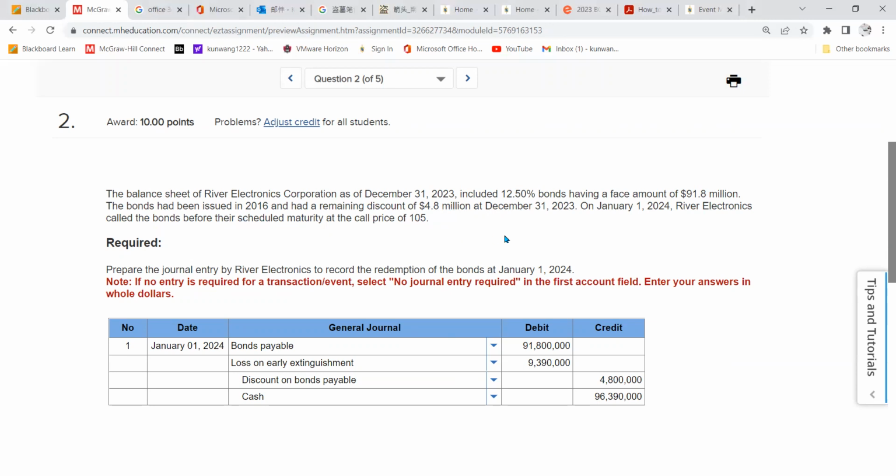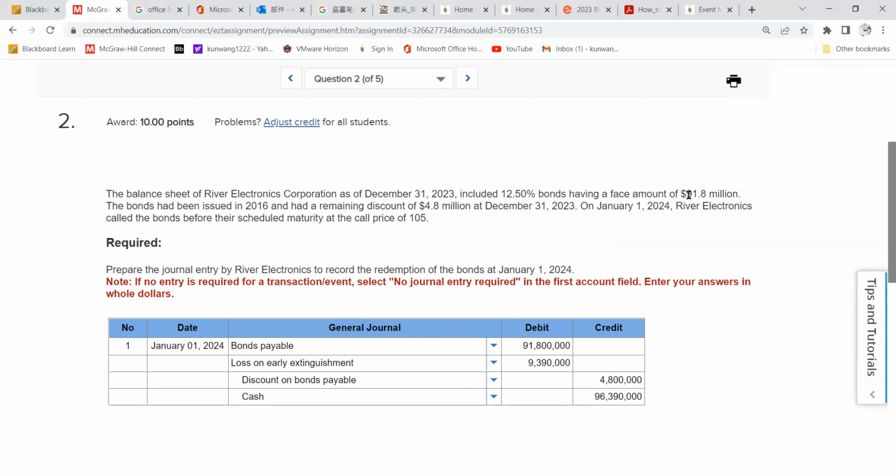So what does 105 mean? We call the bond before maturity at a call price of 105. Remember, 105 is a percentage, so it is a premium indication. It is 105% of your face value.